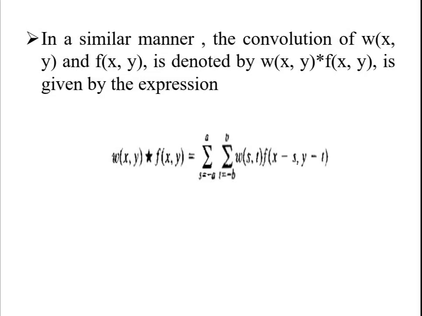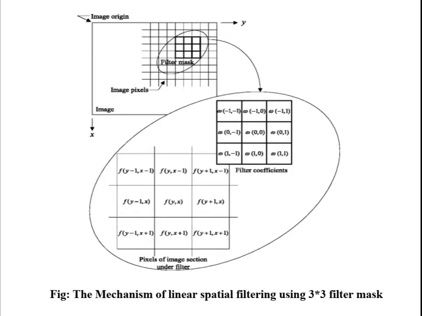We can use plus or minus. We are discussing all about this figure, that is the mechanism of linear spatial filtering using a 3 by 3 filter mask. We have already discussed this before.